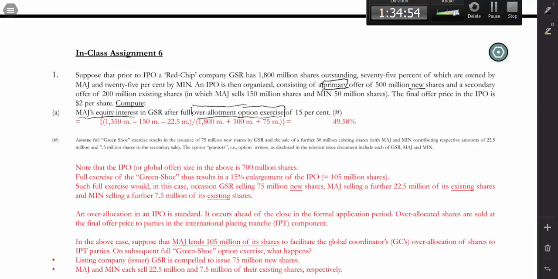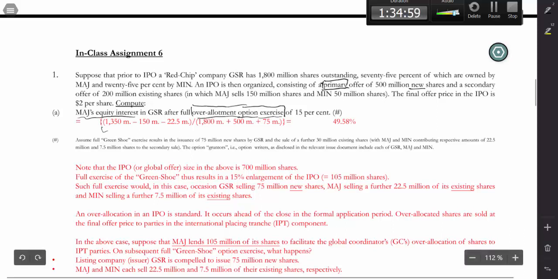So what will happen to them is that originally they had 1,300. So we know they're going to be getting rid of this, but they also have to sell an additional 15%. Now, 22.5 is 15% of 150.